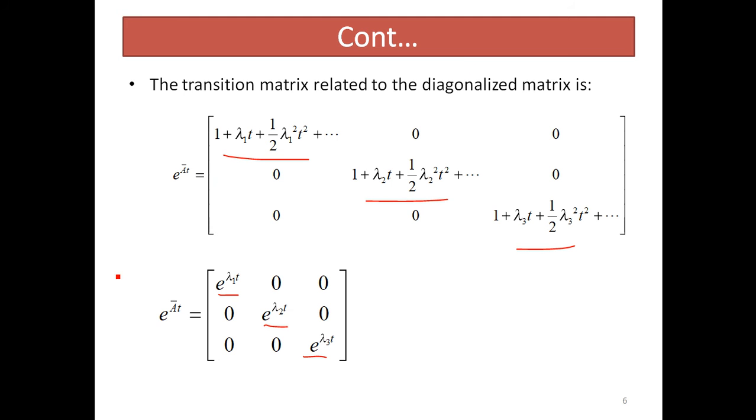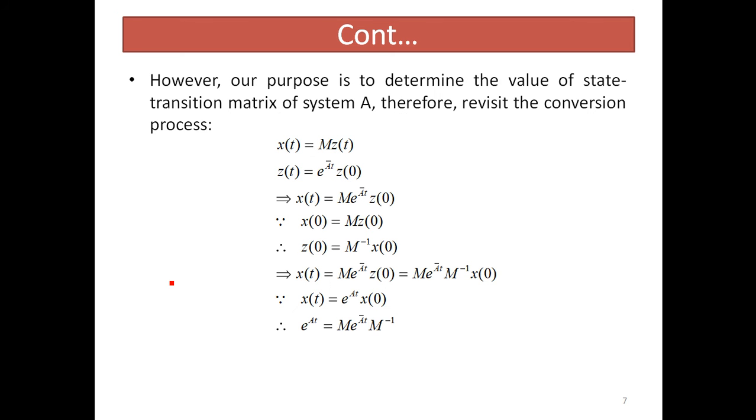This was of the system which was converted to diagonal form, but our aim is to calculate the value of e raised to At. So x(t) is equal to M z(t), and z(t) is equal to e raised to A-bar t z(0). x(t) would become M into z(t), putting the value of e raised to A-bar t z(0).